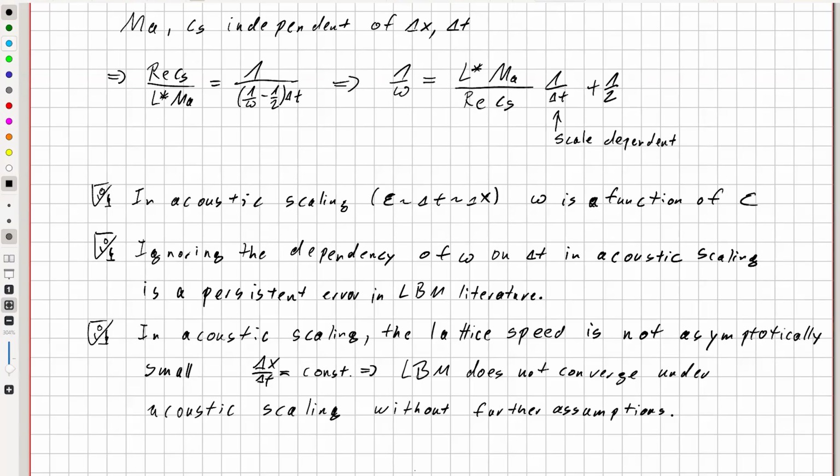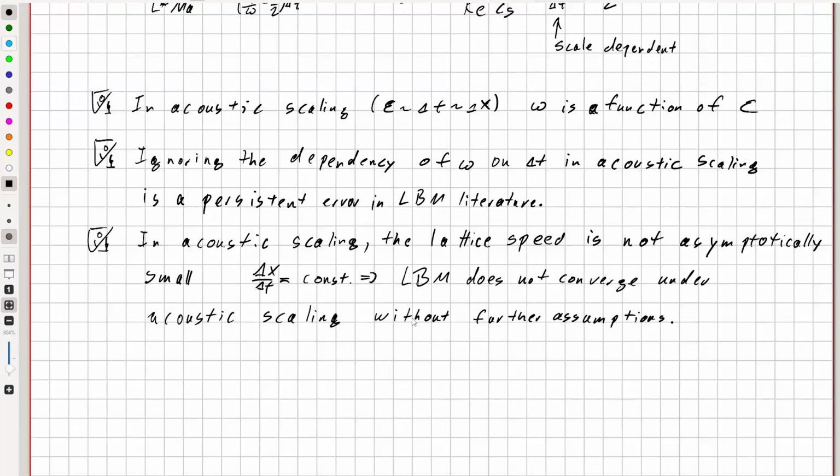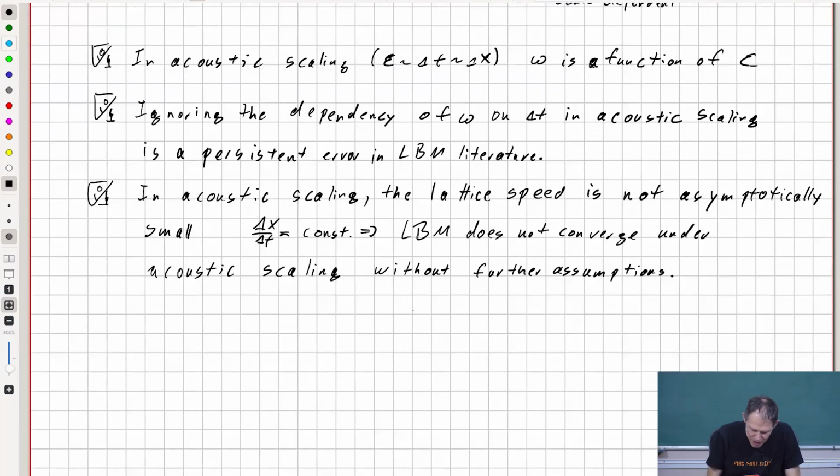This you can say. You still don't have convergence, but you may just be happy with your method, okay? So actually it's used a lot, even though it is known that it's not consistent. So if you really want to have consistency, you have to do something else, and this something else is called diffusive scaling.